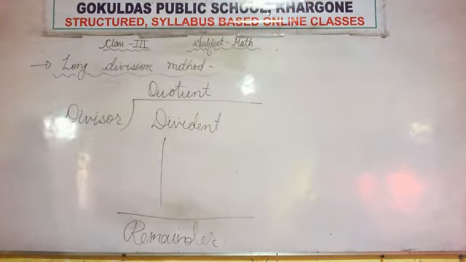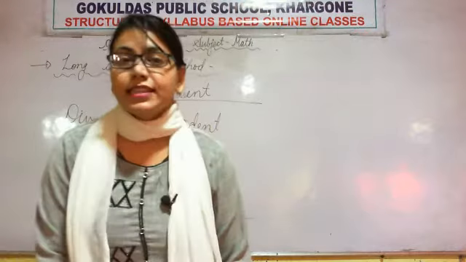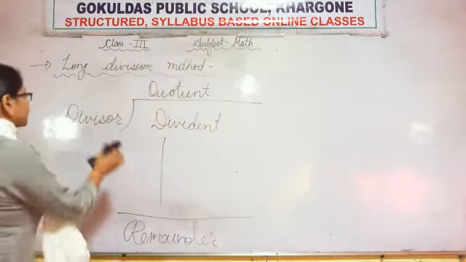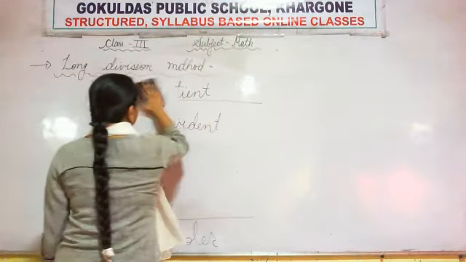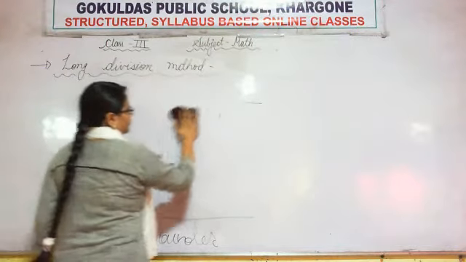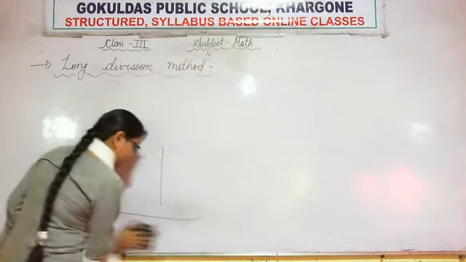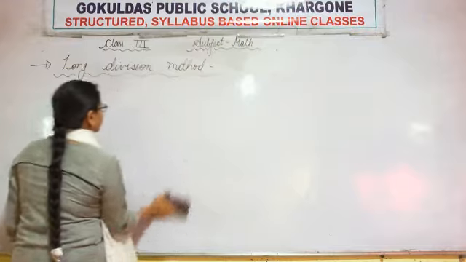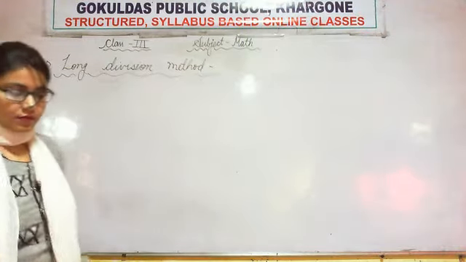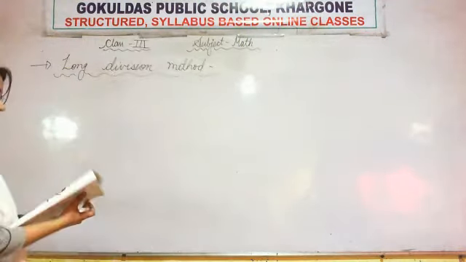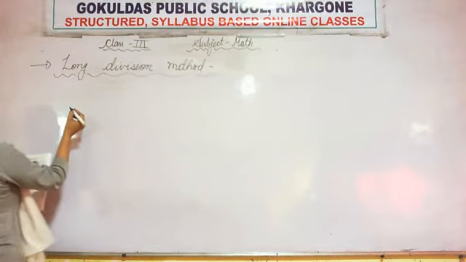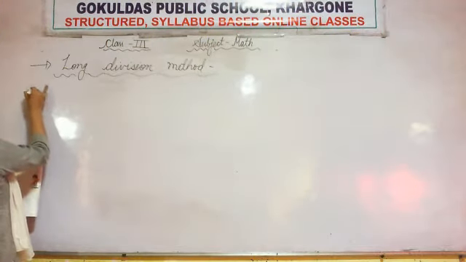Okay students, so let's see how we will get all this: dividend, divisor, quotient and remainder. For this, let's take an example.